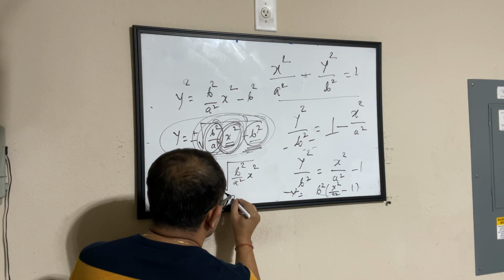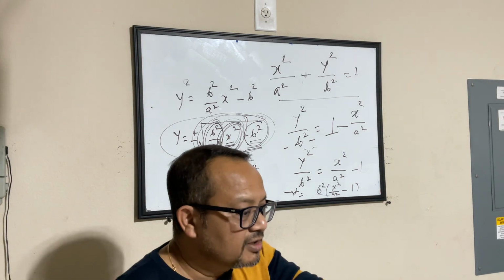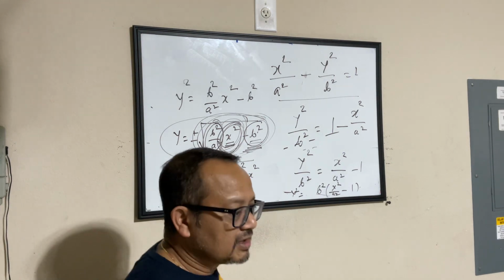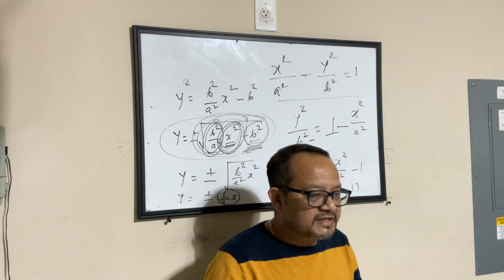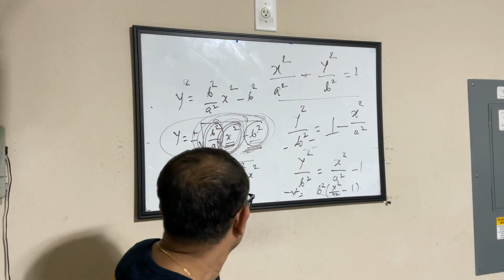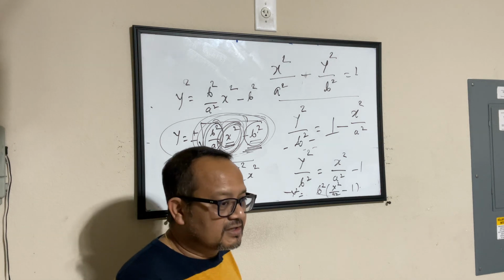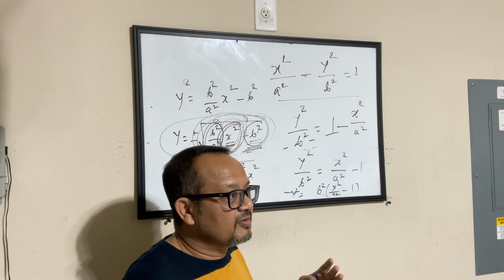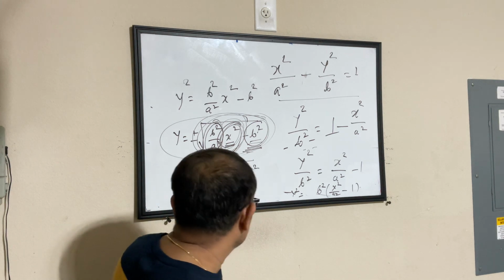b by a x. So here, this is what is called the slope or the asymptote of this hyperbola. Now you will say, why are we saying this asymptote?